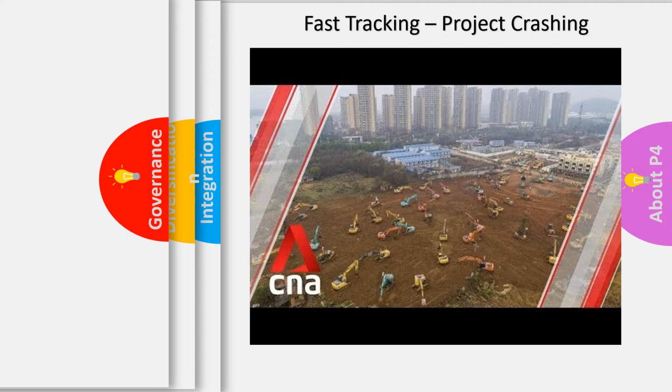So if you've got 100 people doing a certain task and you want it done in half the time, maybe you need to get another 100 people to do another section, crashing the project, which we can see can actually take place. And when people really want to achieve what they want with resources and meeting time frames, then you can, if you've got the budget to do it.